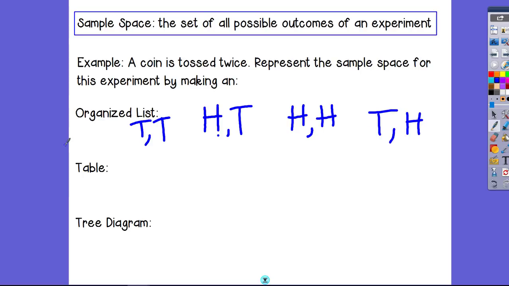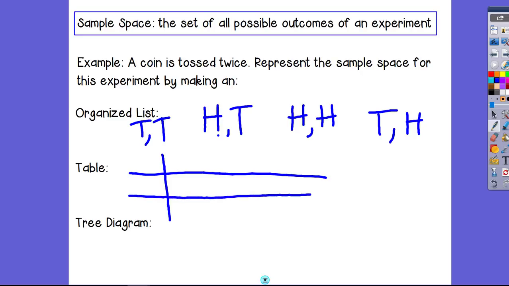So a table would be like a chart. Along the top, you would list the different options for the first coin. So the first coin could be heads or it could be tails. And then along the side, we're going to list the outcomes for the second coin. So the second coin could land on heads or on tails.